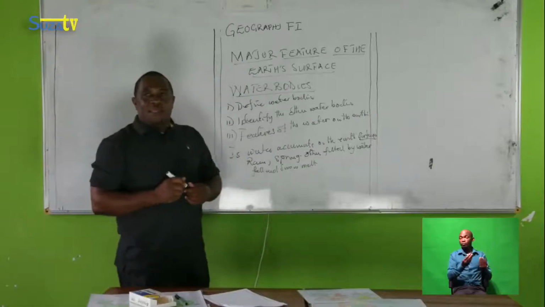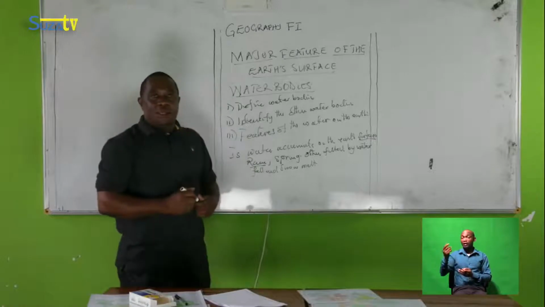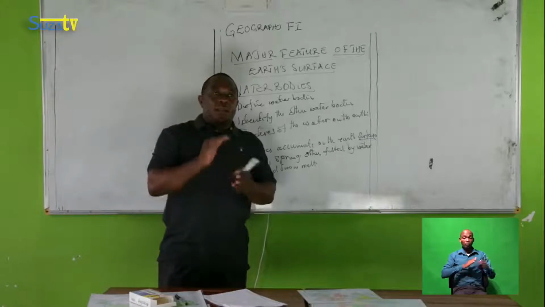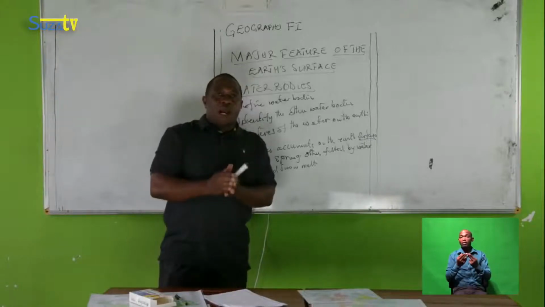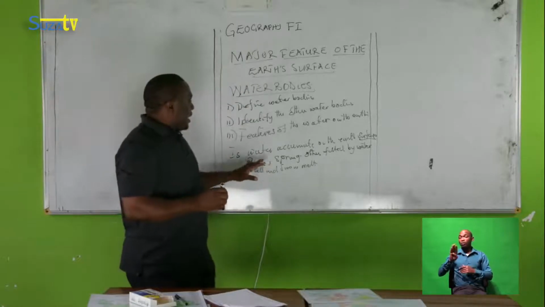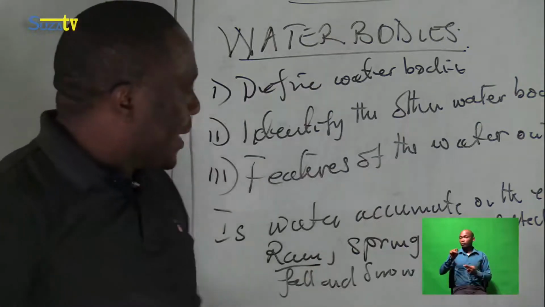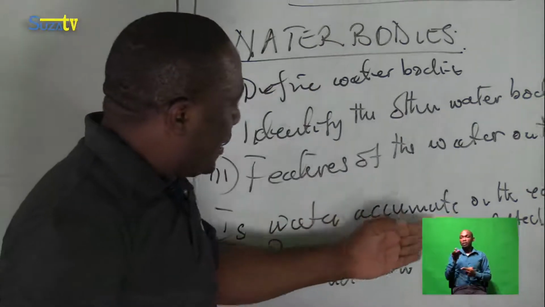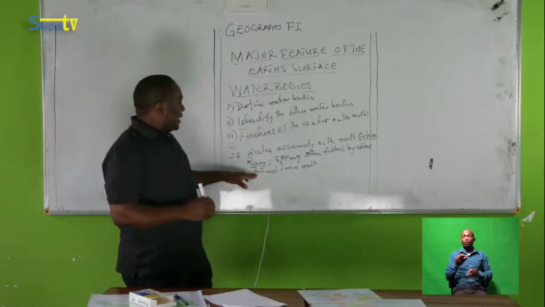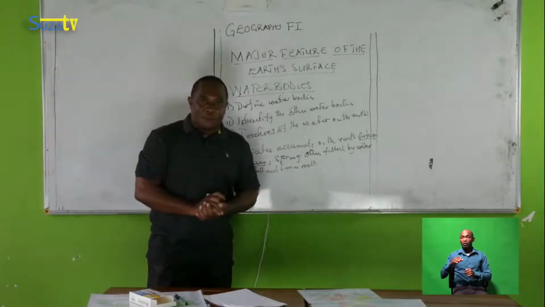My students, I think you are familiar with the rain. If the rain comes, it fills the water. The water can pass into a river and then be accumulated. When we say accumulated, we are talking about water bodies. Also a spring, the water that comes from underground, can fill the river and sometimes the lakes. And lastly, a waterfall is water beginning from the mountainous area.